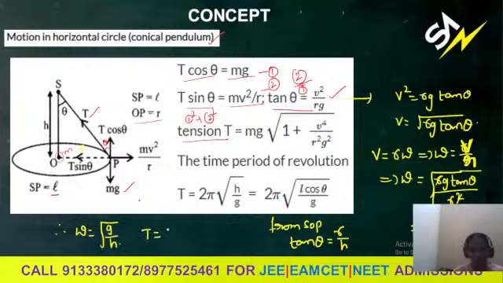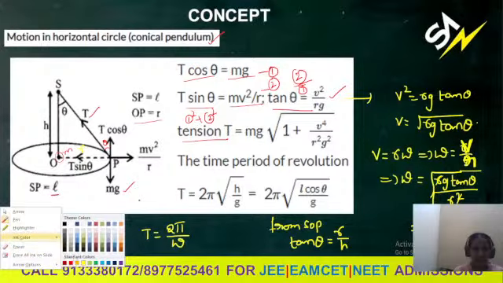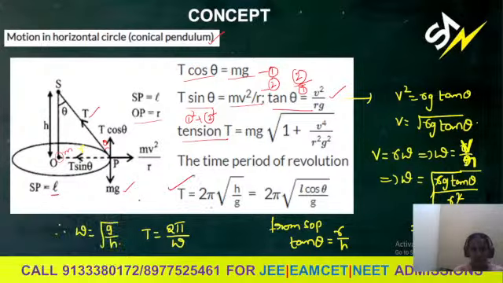To find the time period of revolution, we have the equation from circular motion, 2 pi by omega. Now T will become 2 pi into 1 by omega, which is under root of h by g. And in the figure, from SOP, h is equal to L cos theta.